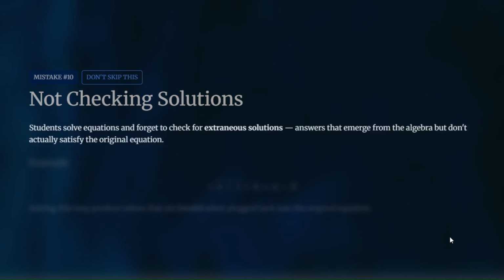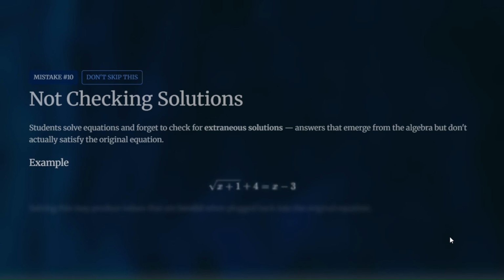And finally, mistake number 10. Don't skip this one. Not checking solutions. Students sometimes solve equations and forget to check for extraneous solutions. That is, answers that emerge from the algebra but don't actually satisfy the original equation.